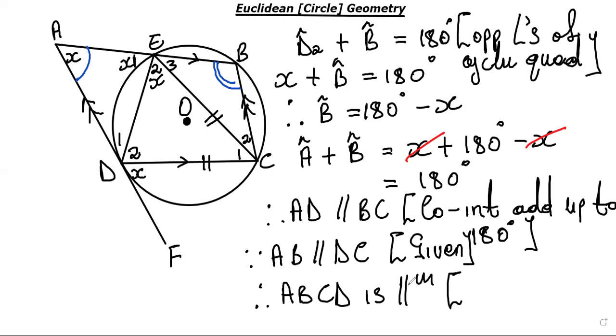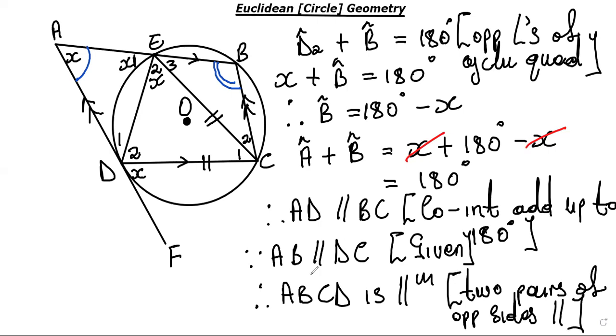Why do we say it's a parallelogram? Well, it's because two pairs of opposite sides are actually parallel. And then your happiness is complete.